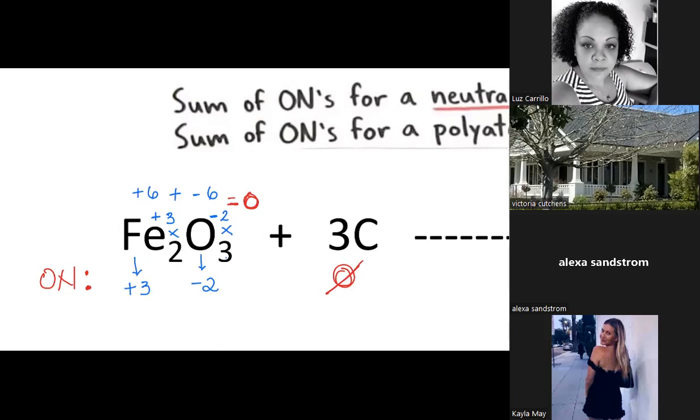Okay. So let me just write that note right here. For ionic compounds, the charge of the ions is their oxidation number.